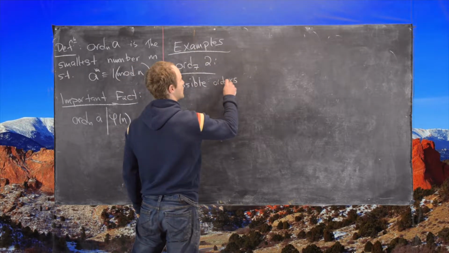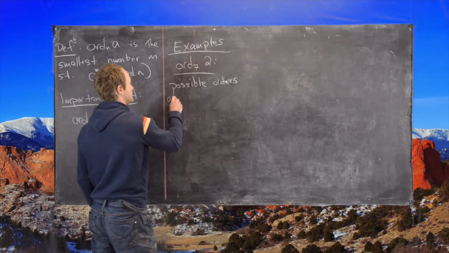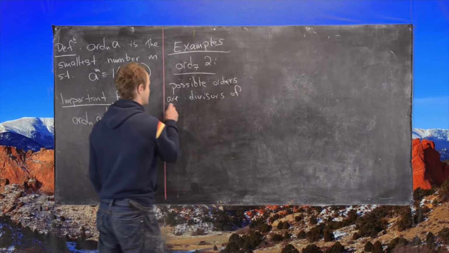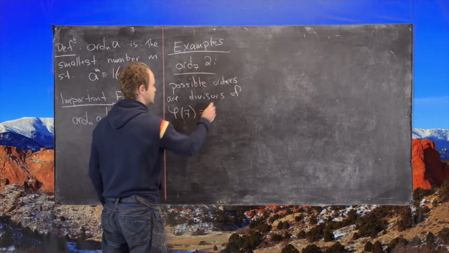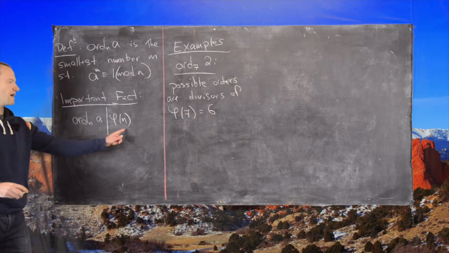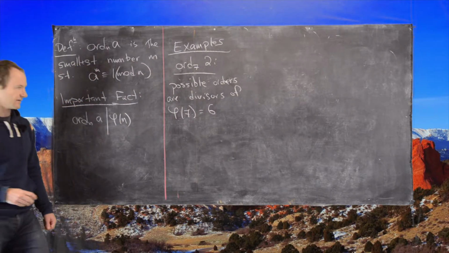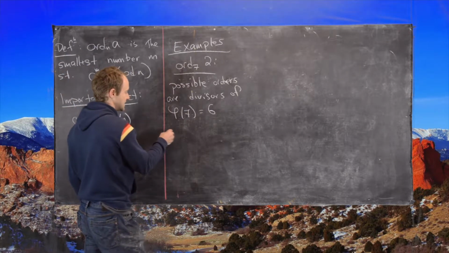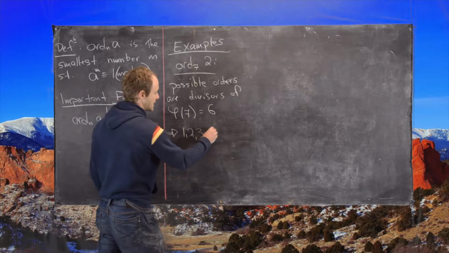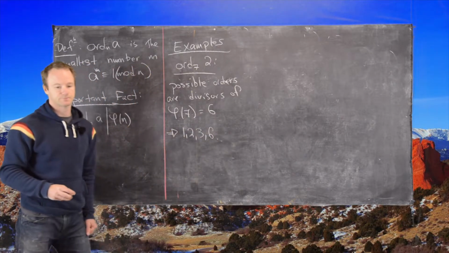So the possible orders are divisors of phi of 7, which equals 6, right? Because the order must divide phi of 7. So that tells us that the possible orders are 1, 2, 3, and 6.